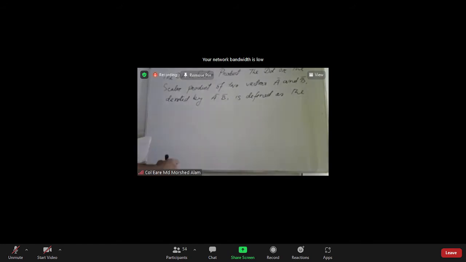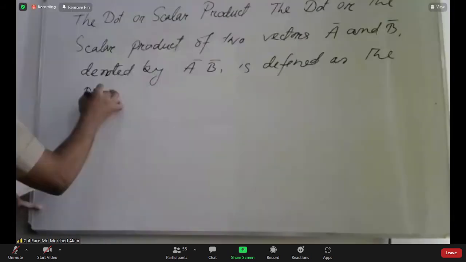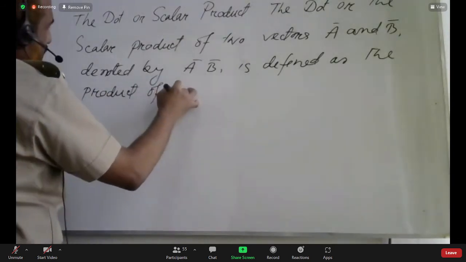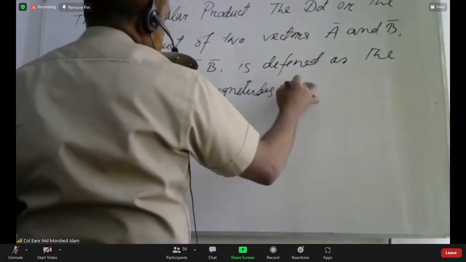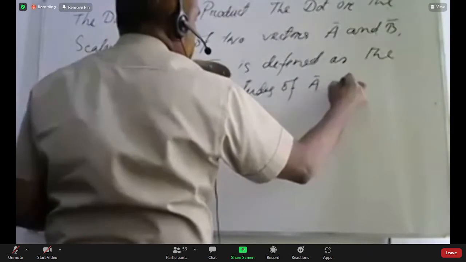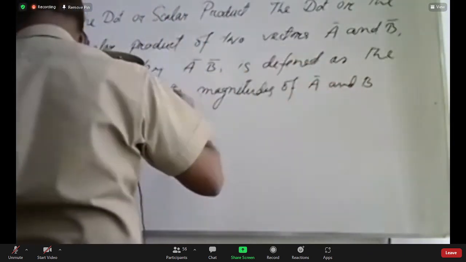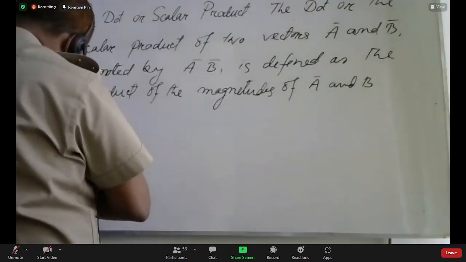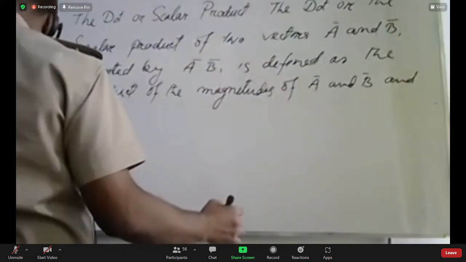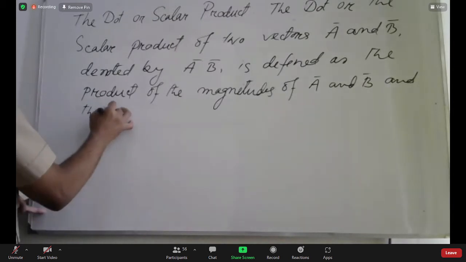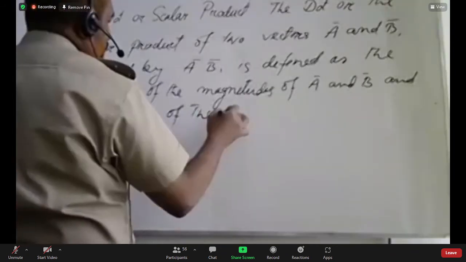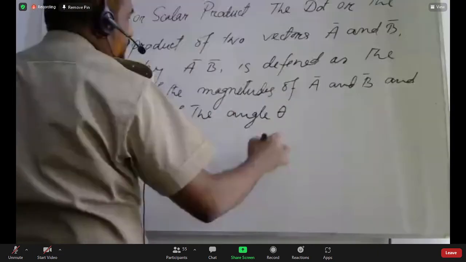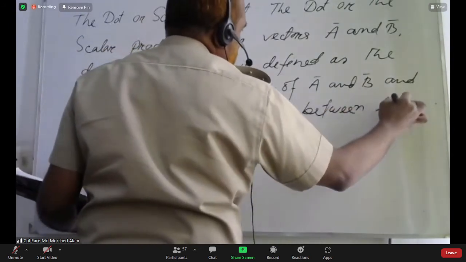Defined as the product of the magnitudes of vectors A and B, and the cosine of the angle theta between them.